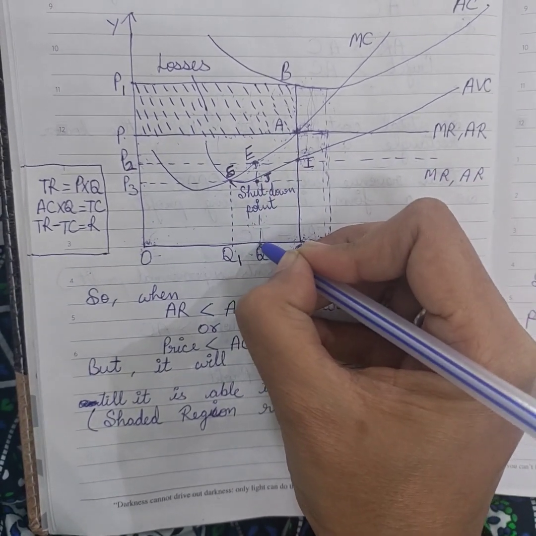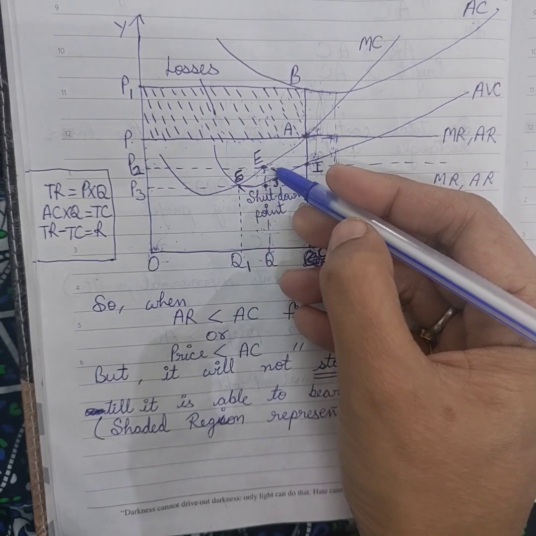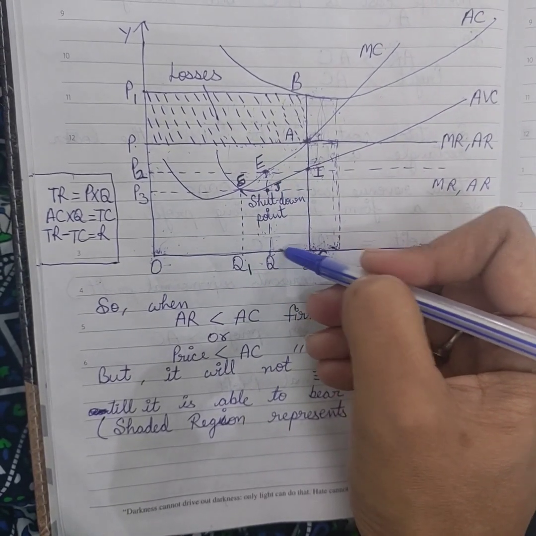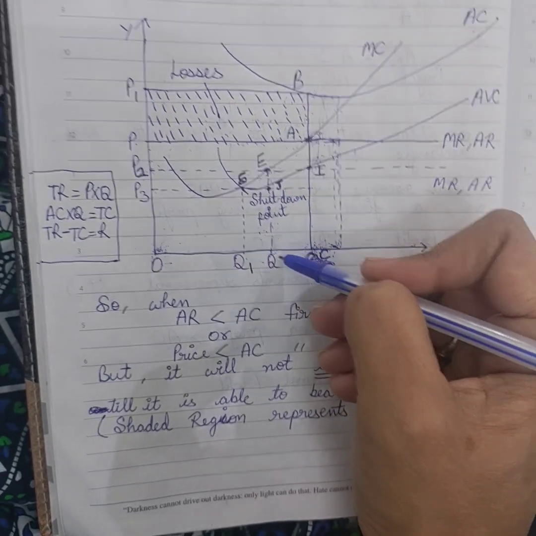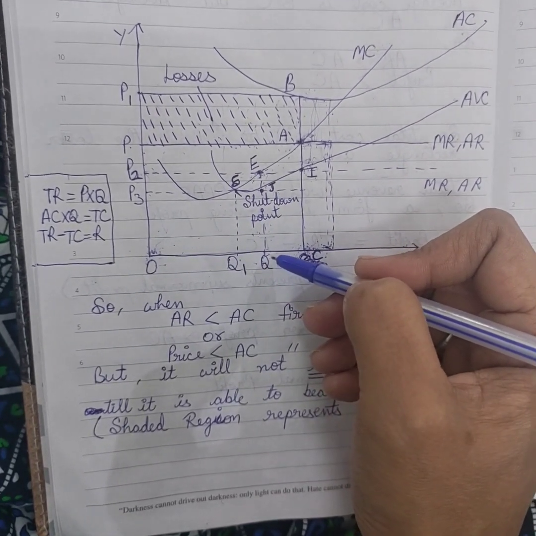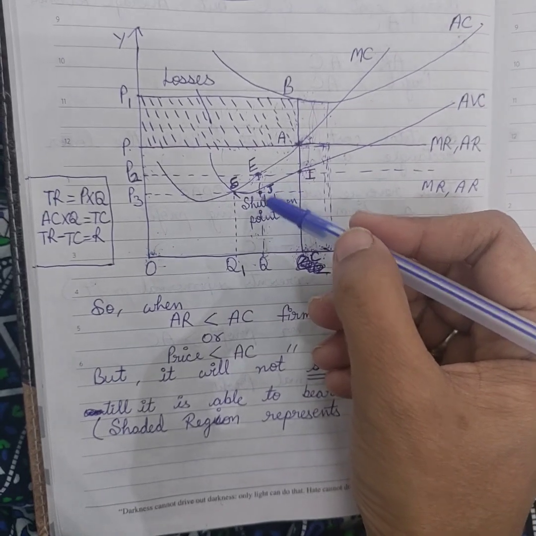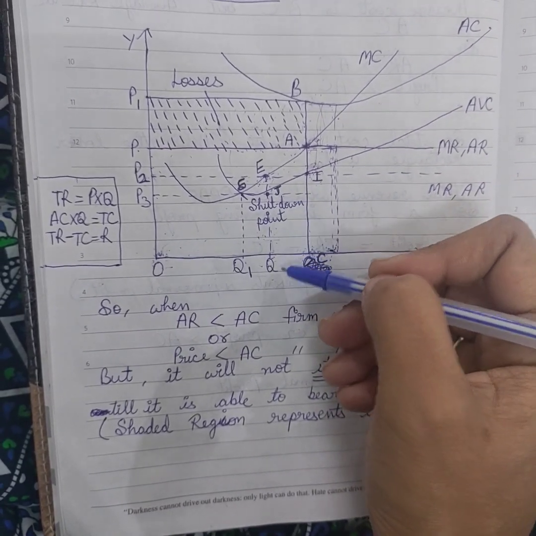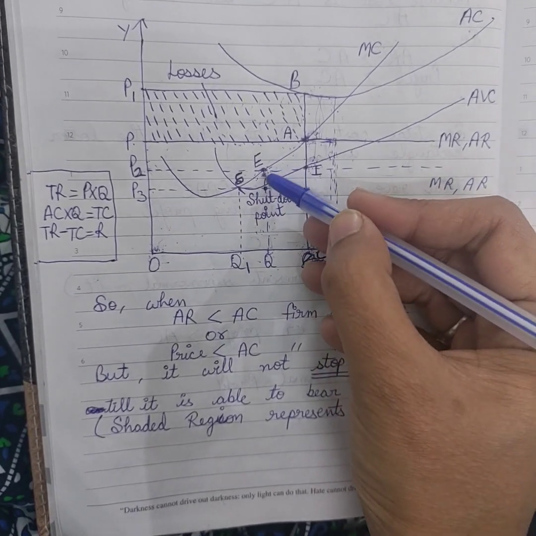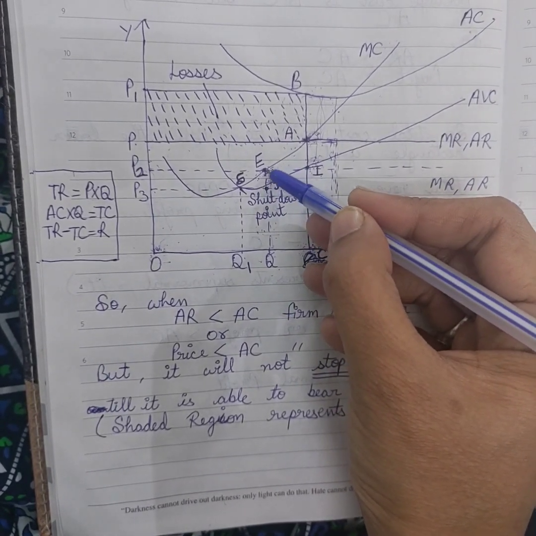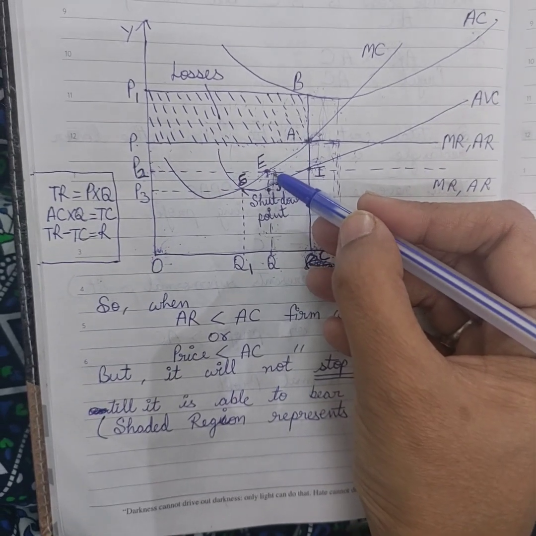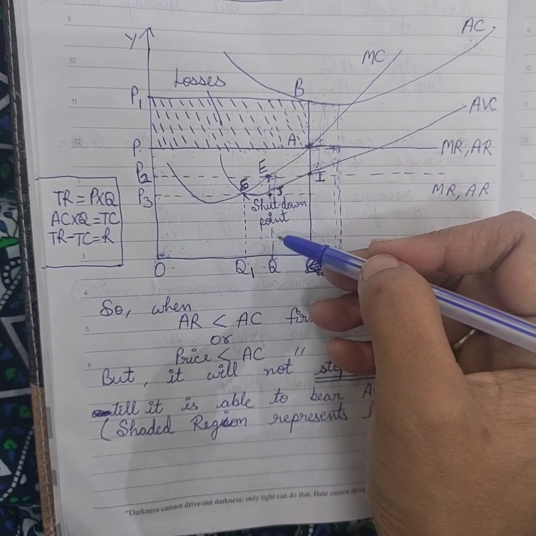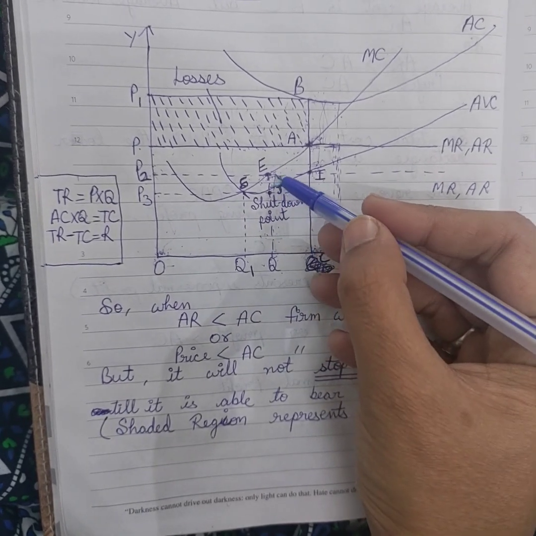At OQ output, JQ is the average variable cost, and EJ, this smaller part, is the average fixed cost that it is recovering, correct?